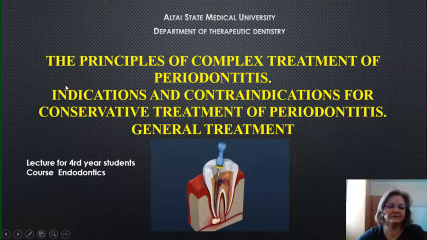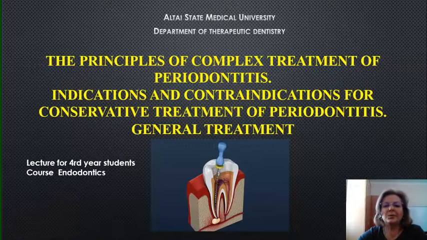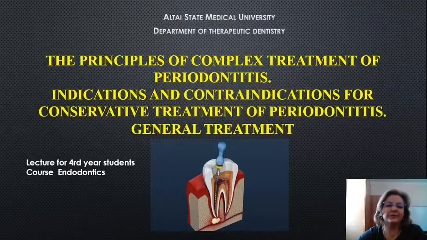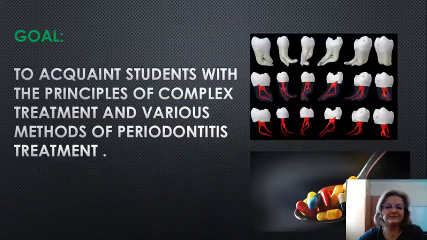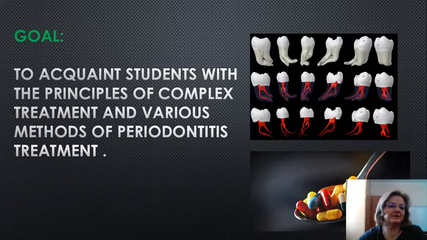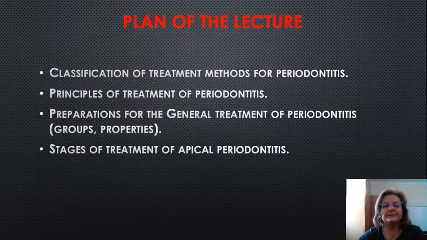We speak about the principles of complex treatment of periodontitis, and indications and contraindications for conservative treatment of periodontitis and general treatment of periodontitis. Goal of today's lecture: to acquaint students with principles of complex treatment and various methods of periodontitis treatment.